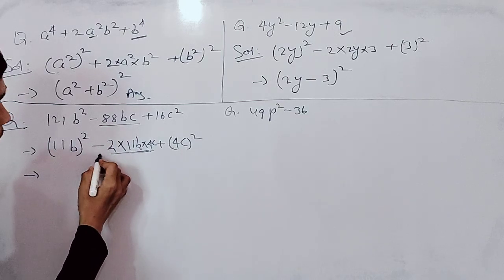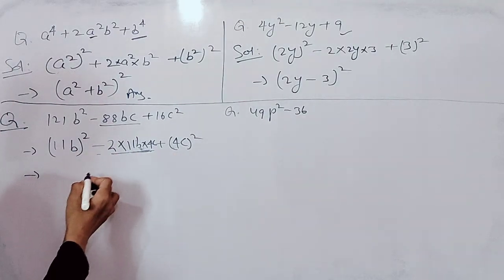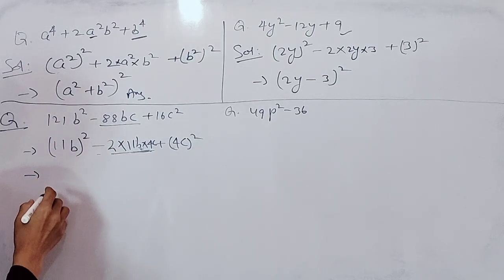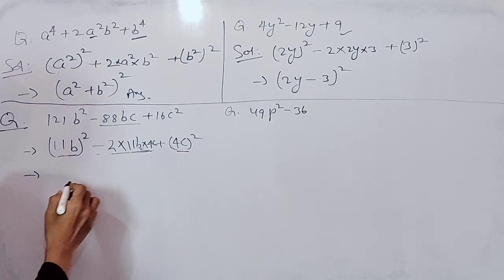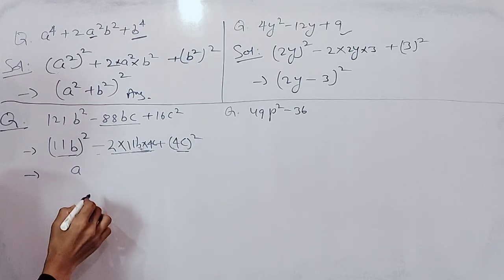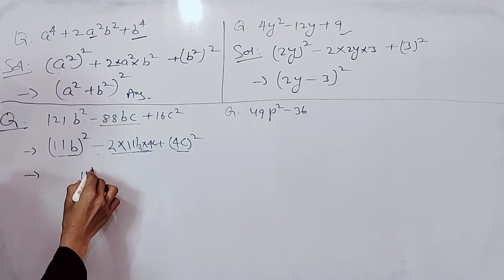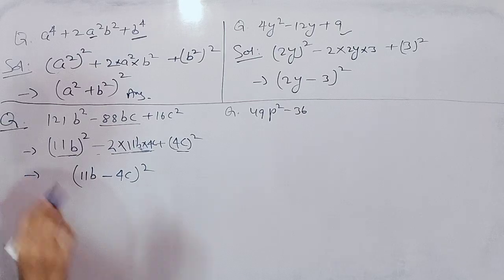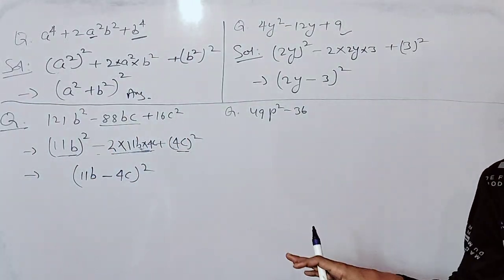That's why we say that it is correct. This is one term, this is another term, this is one term. We can easily say this is the value of a and this is the value of b. And here subtract is coming. It is in whole square. That's it. Till here it is the correct answer.